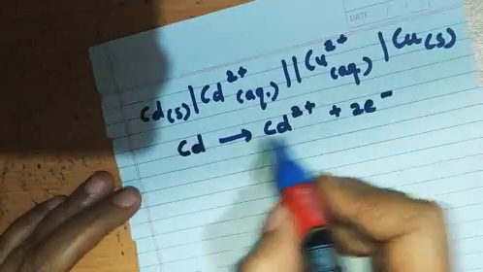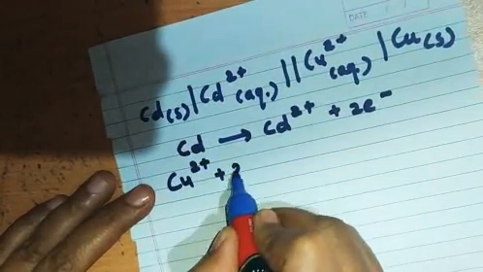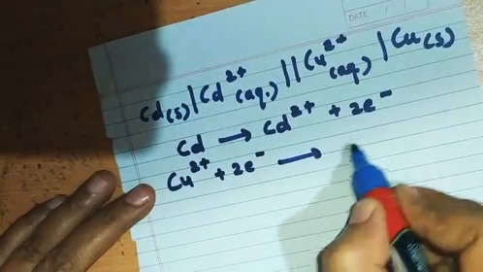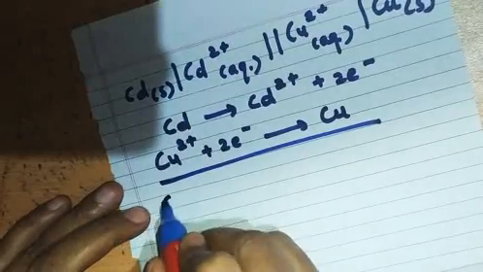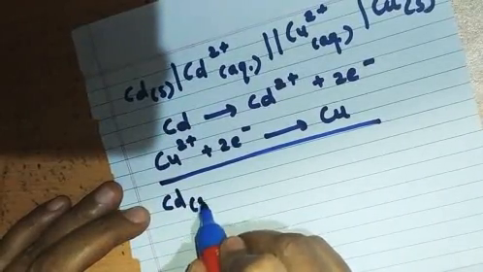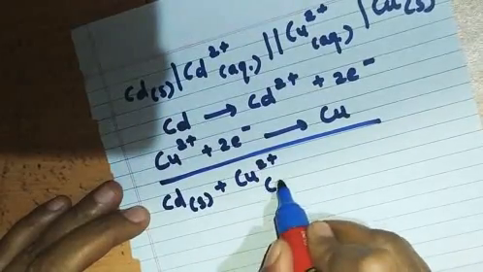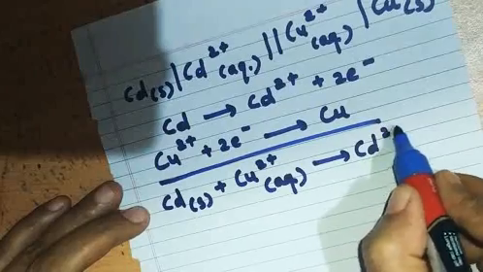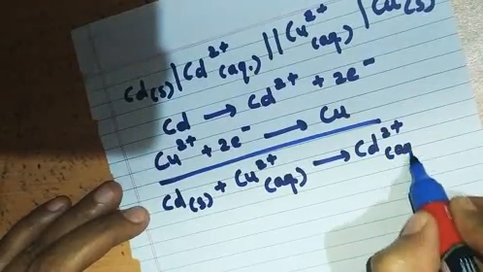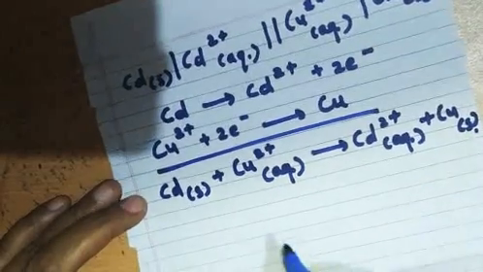These 2 electrons are accepted by copper ions to give copper. Then the overall reaction is like this: cadmium solid plus Cu2+ in aqueous form gives Cd2+ in aqueous form plus copper in solid form.